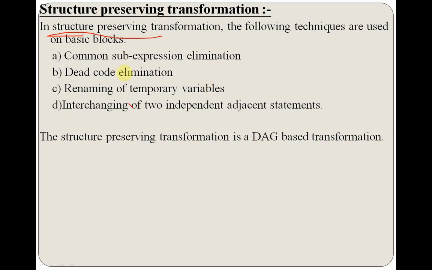1. Common subexpression elimination, dead code elimination, renaming of temporary variables, and interchanging of two independent adjacent statements. Common subexpression elimination means within a block you can identify expressions that are being computed multiple times.